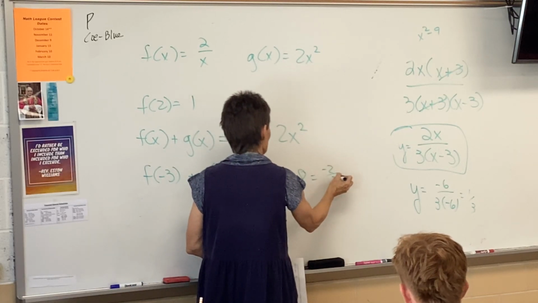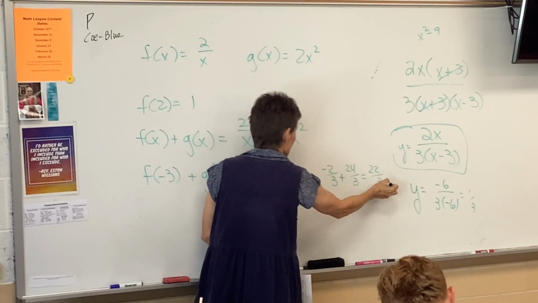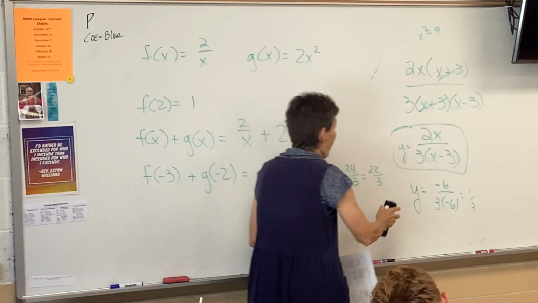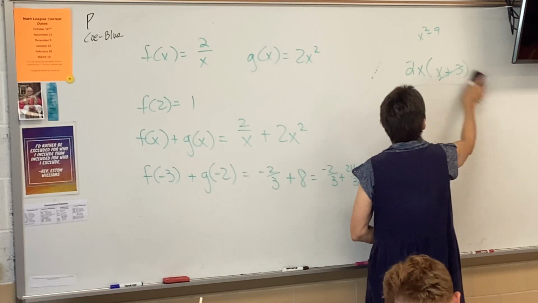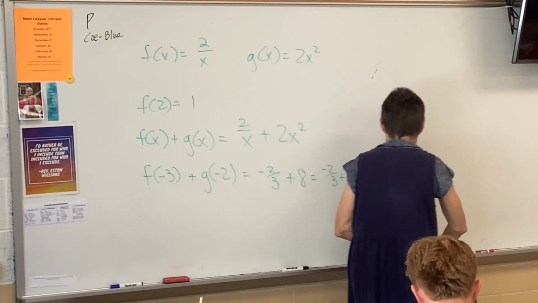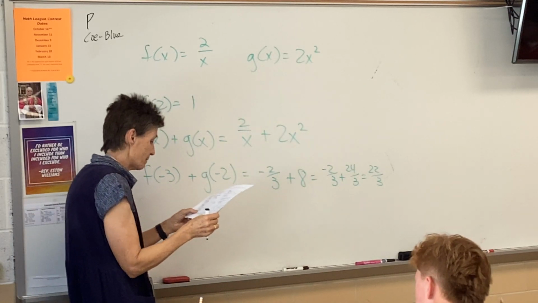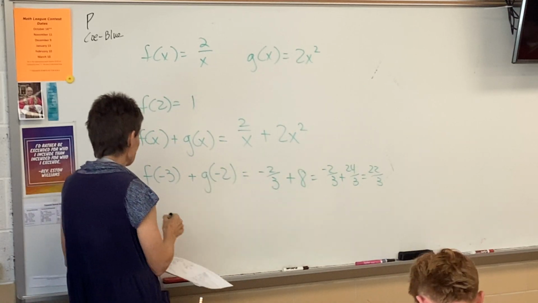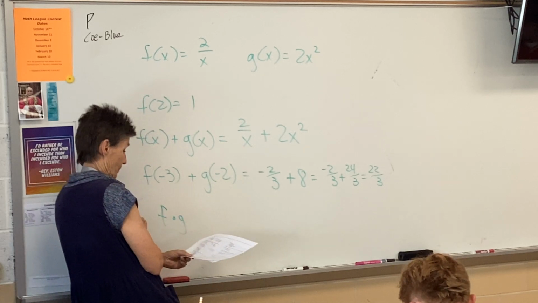So that's -2/3 and 24/3, 22/3, or 7 1/3, if you'd rather do that, that's fine too. Okay, we'll do that. D, f of g of 4.